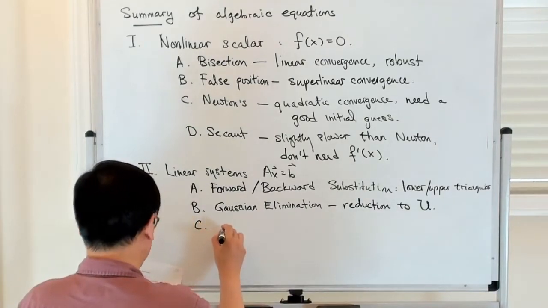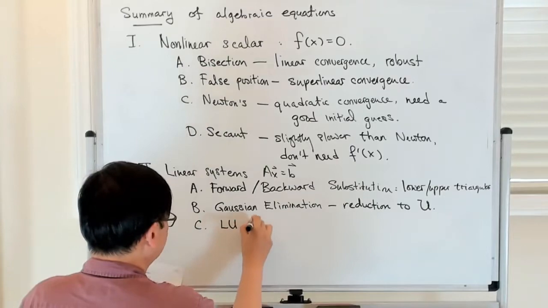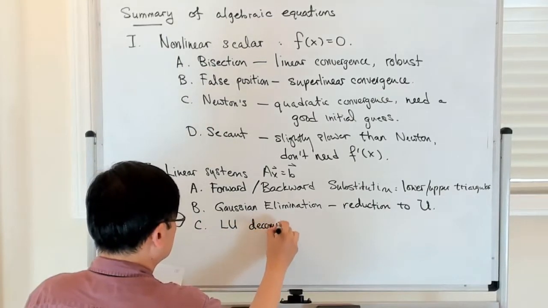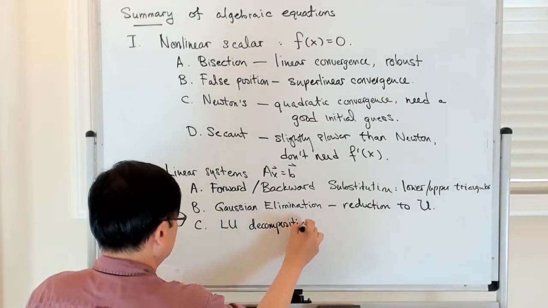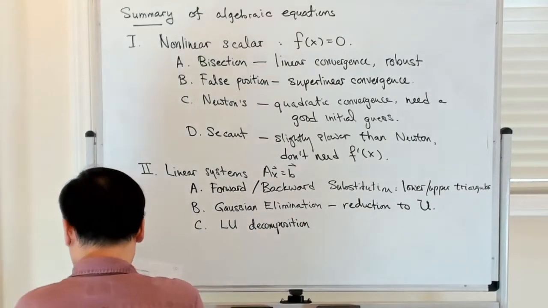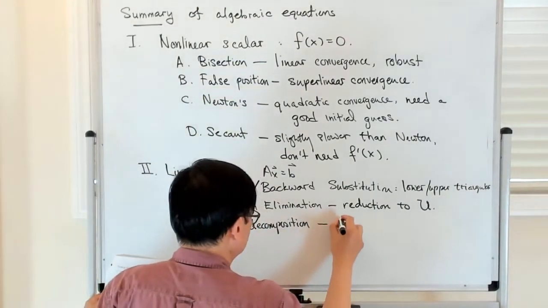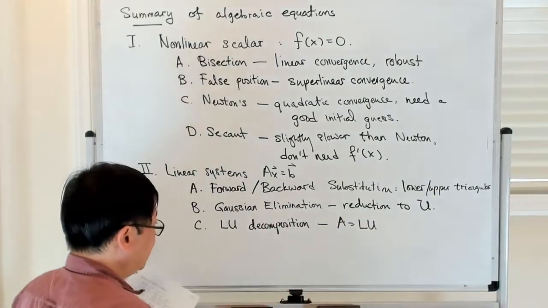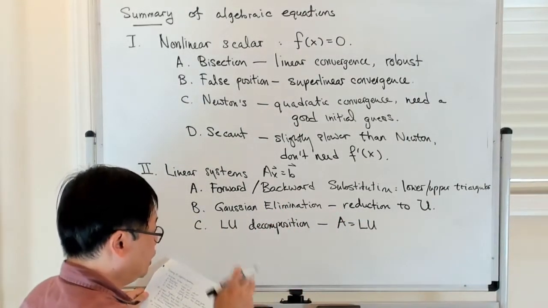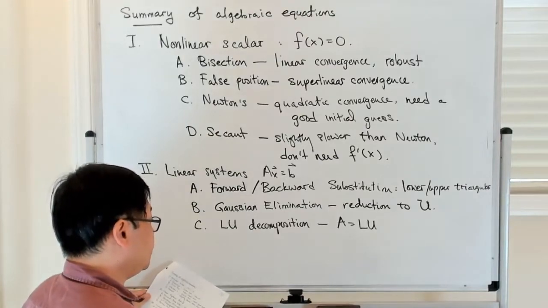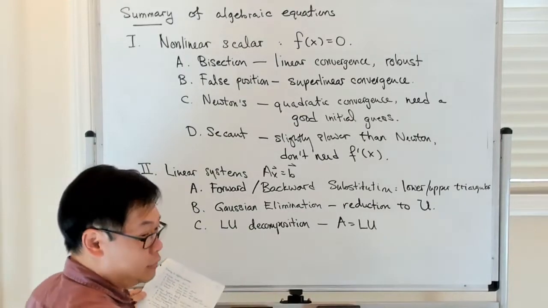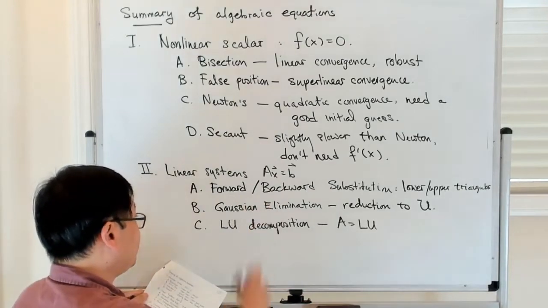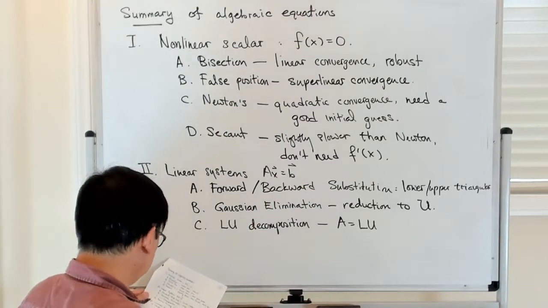The third thing we looked at was LU decomposition, where you end up with a factorization of the matrix, A equals LU, right? And if you have a linear system involving a matrix A which has this LU factorization, then you can apply forward and backward substitution to solve the system.